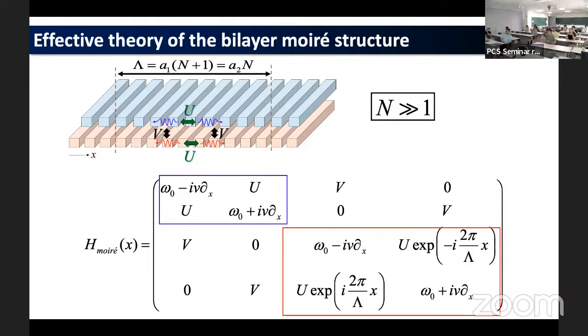Either you put it in U, or you absorb it in V. Depending on the origin of the spatial coordinate, let's say we have X and X prime. If they have the same origin, X is the same as X prime, then the phase will be in U. But if X is shifted with respect to X prime, then the phase will be absorbed in V. But in the end, it's just a unitary transformation. So we can choose either to absorb the phase in the interlayer coupling or in the intra-layer coupling.